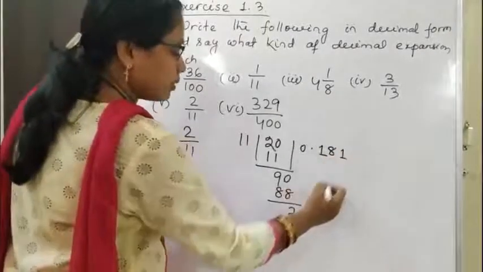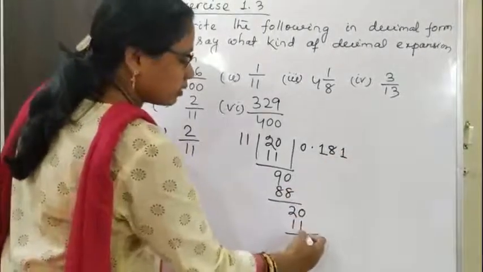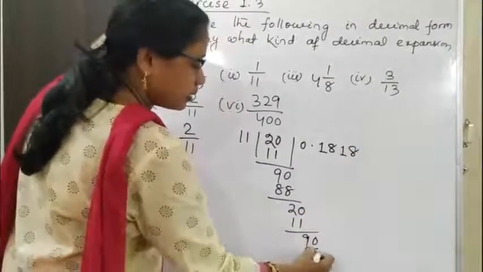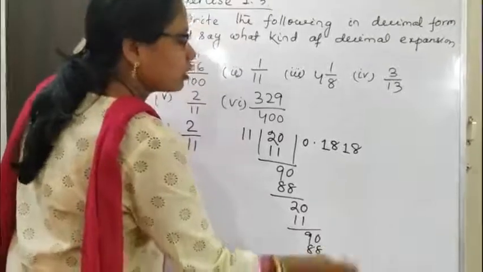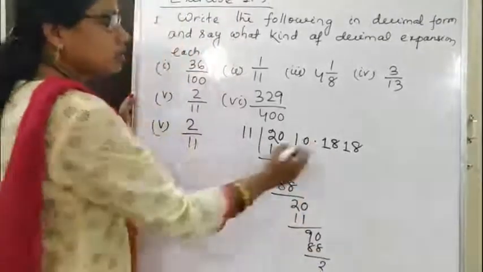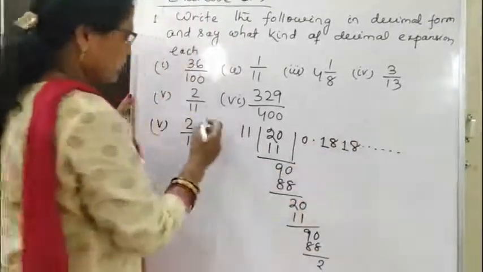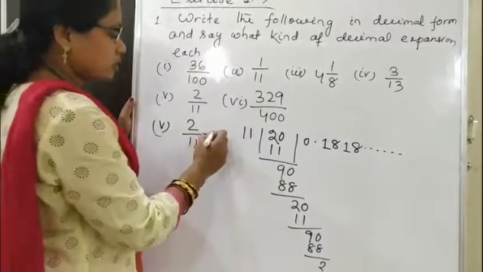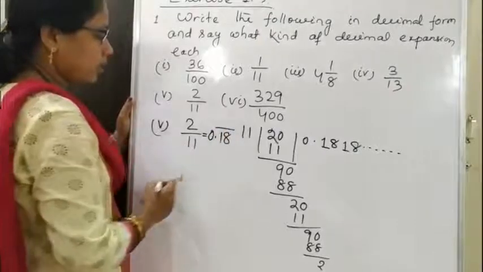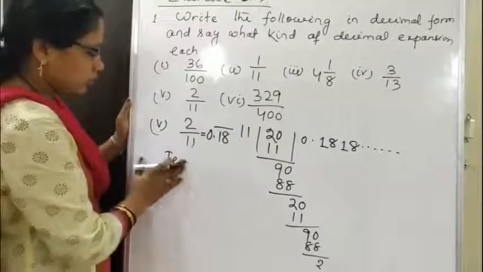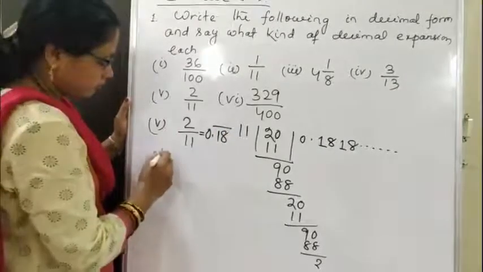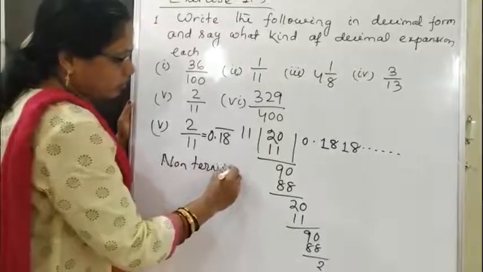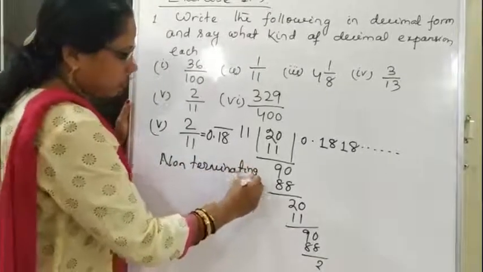Then 11 1s are 11. Then 9, 0. 11 8s are 88. So again it will continue. So 2 by 11 has decimal expansion 0.18 bar. So this is non-terminating repeating.